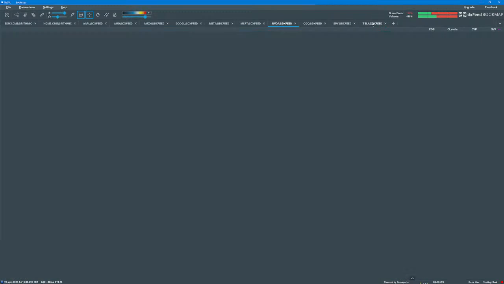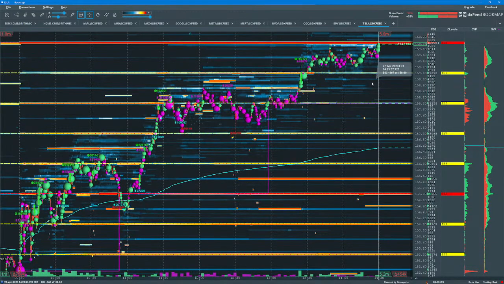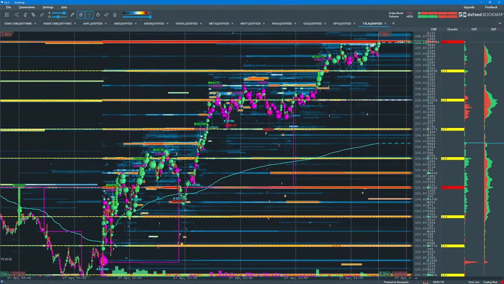And finally, let's look at Tesla. So here's Tesla, another strong uptrend. Let's take a look at Hero.